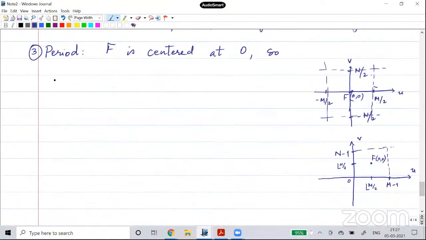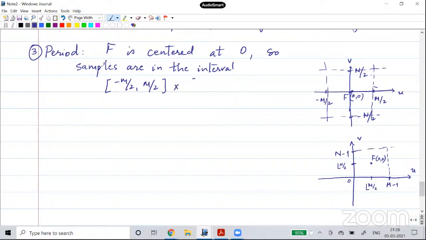To shift: f is centered at 0. So samples are in the interval. This is what this first figure is describing. Samples are in the interval minus m/2 to m/2 cross minus n/2 to n/2.